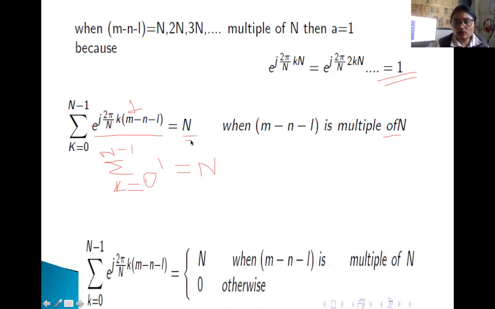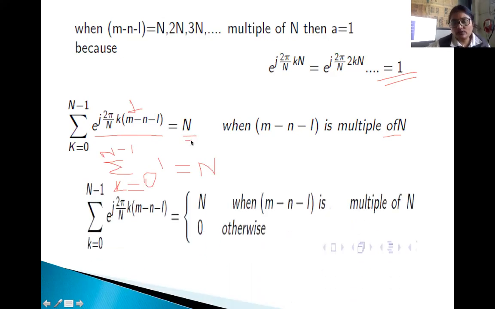Now what we will do is substitute here. We will write here the summation k varies from 0 to n minus 1 of the exponential part. What is the exponential part? e raised to j 2π upon n into k times the bracket m minus n minus l, and this is equal to n when m minus n minus l is a multiple of n.